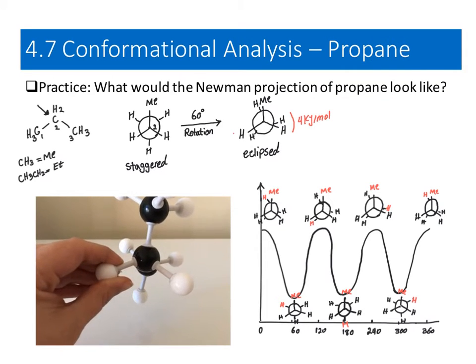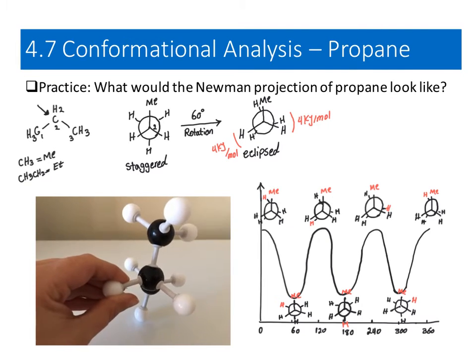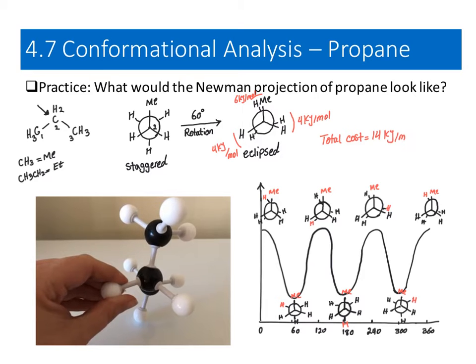We have 2 of them. And for hydrogen-methyl it is 6 kilojoules per mole. So the overall energy cost is 14 kilojoules per mole here.